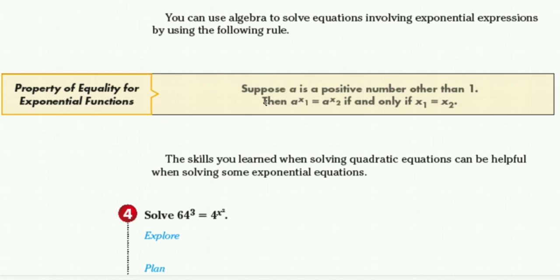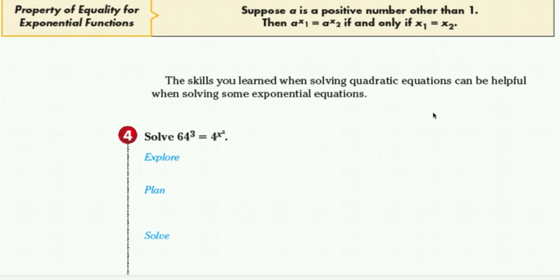And this is the rule. Suppose a is a positive number other than 1, then a raised to the x sub 1 equals a raised to the x sub 2 if and only if x sub 1 is equal to x sub 2. Meaning, if they have the same base, you can simply take out the base and know that x sub 1 is equal to x sub 2.